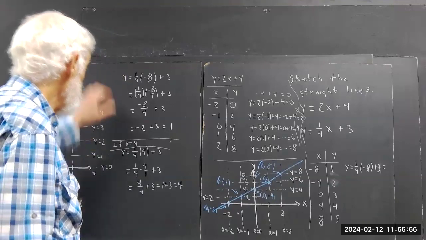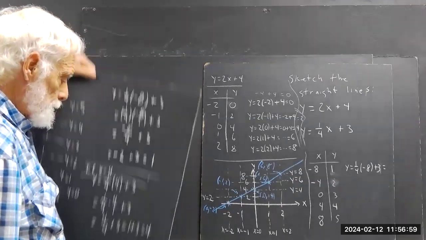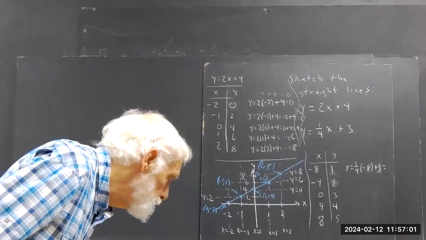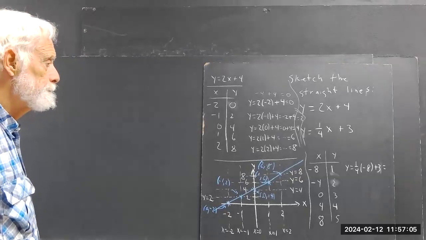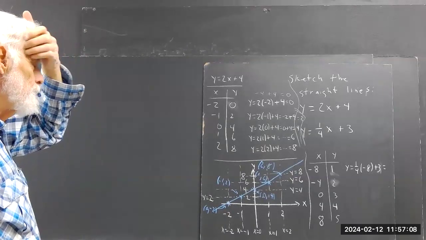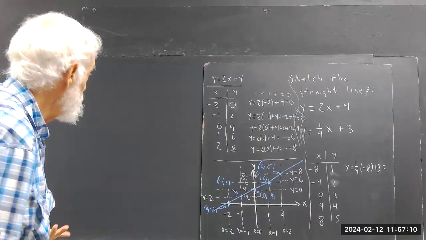There's another way to graph these, and you apparently did that well too in OpenMath. But can you find the intersection?